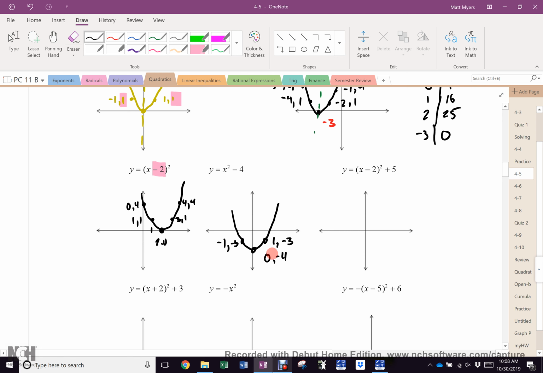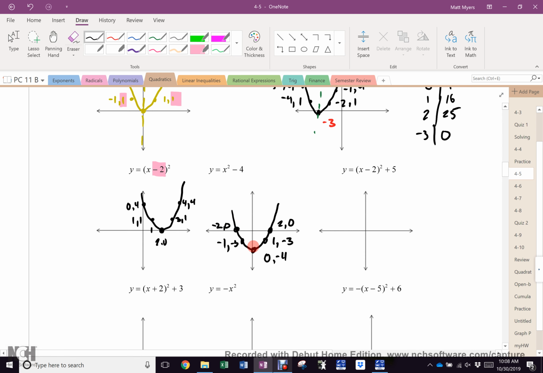When I go over 2, how far up do I go? 4. So what is this point? No. I've gone 2 to the right from 0. So what is it? 2, 0. What is this point automatically? Negative 2, 0.